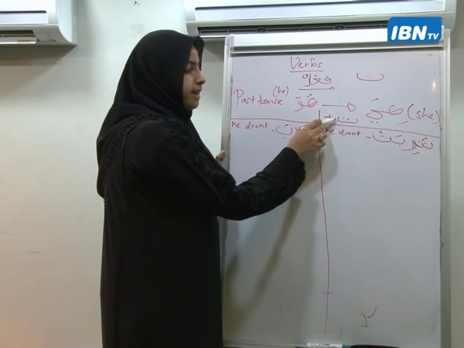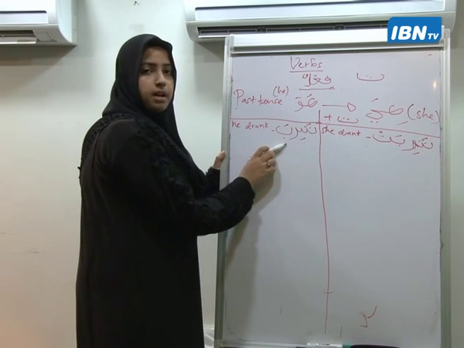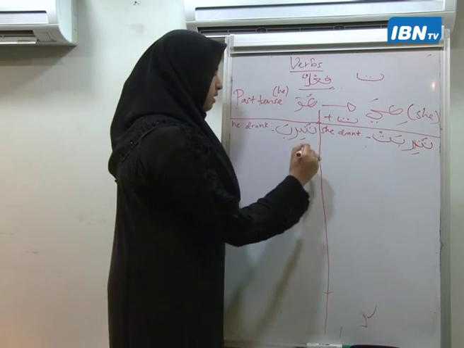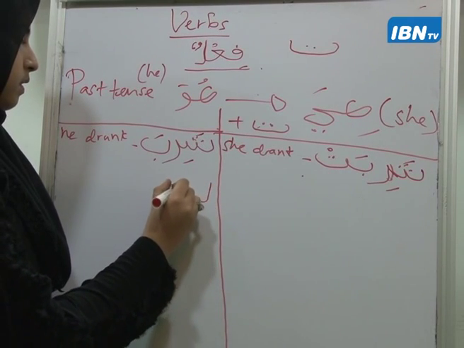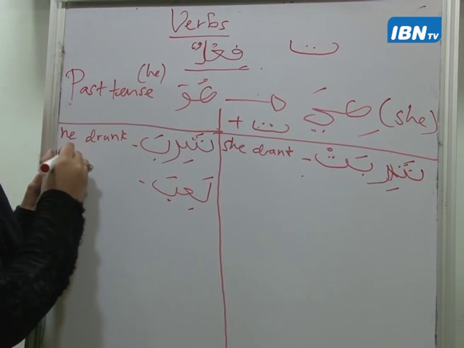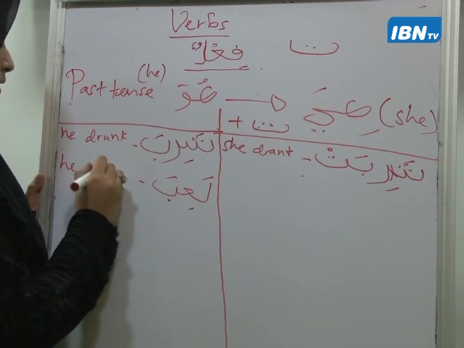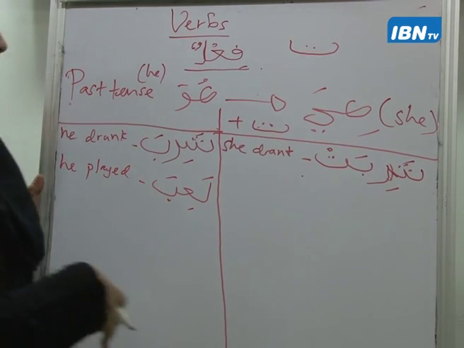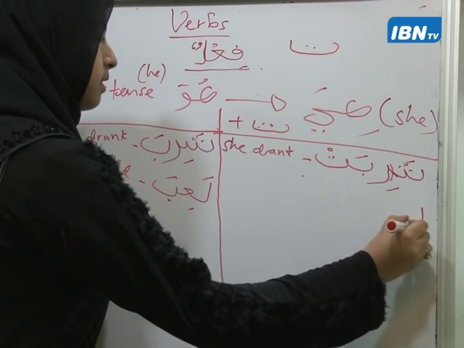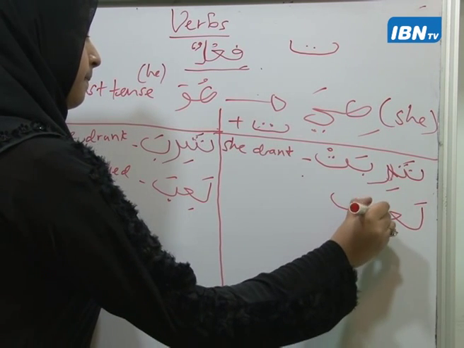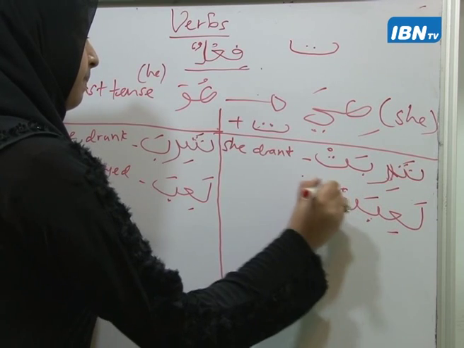So I've just added an open ta to this verb. Then we have la'iba, which means he played. I'm going to change it into la'ibat. La'ibat means she played.